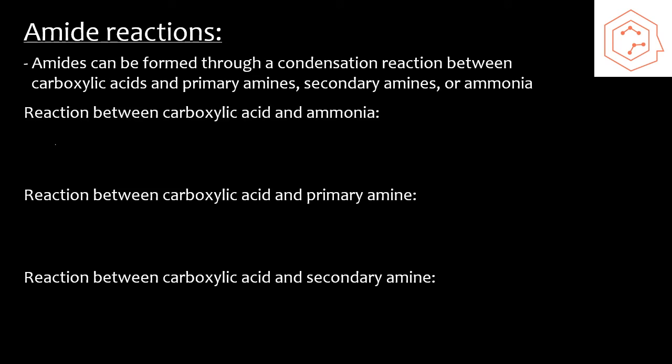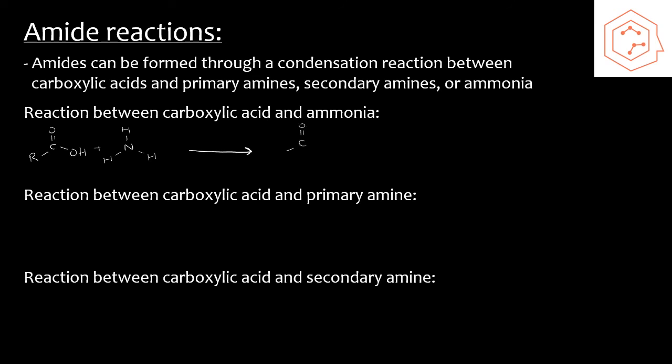If we were to react our carboxylic acid, here's just a generic example of one, with ammonia, which is fully bonded to hydrogen atoms, then we would end up with a primary amide.